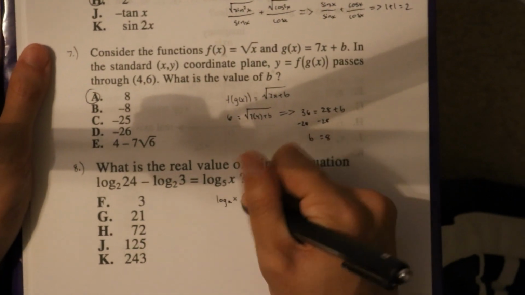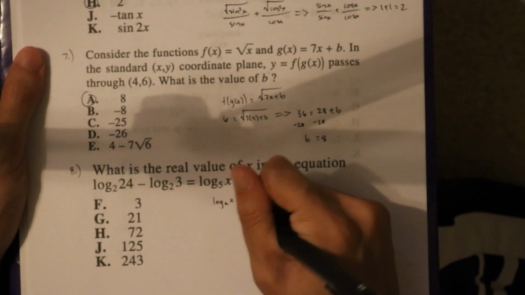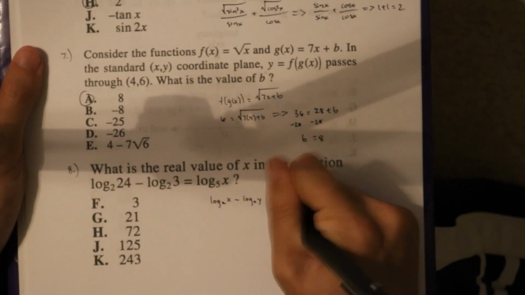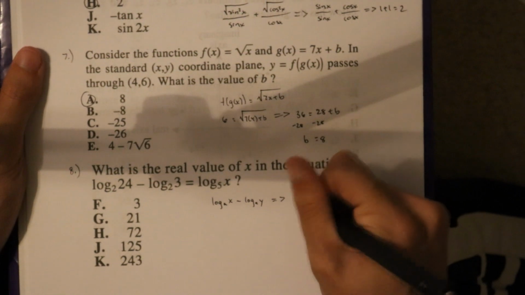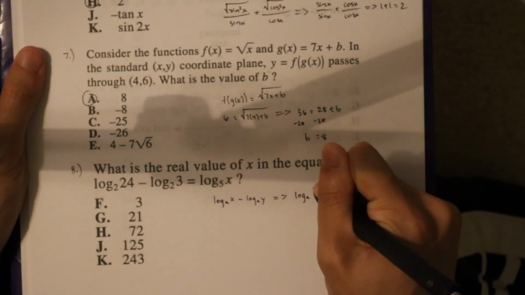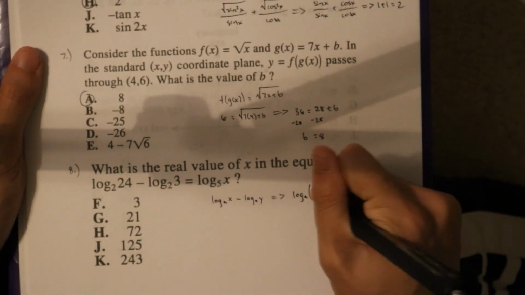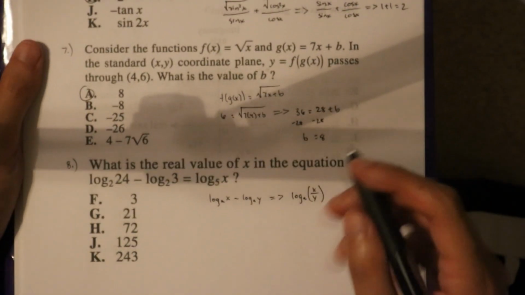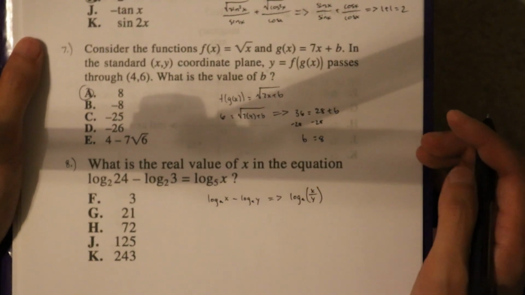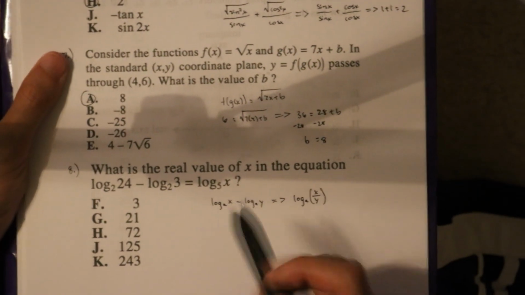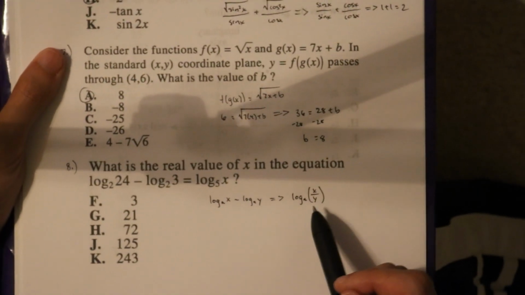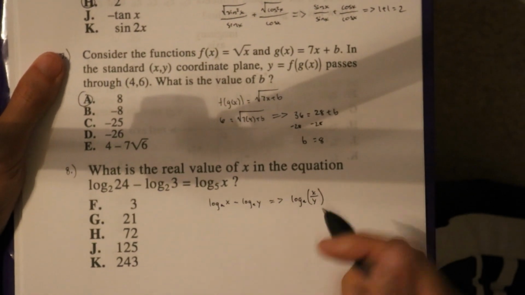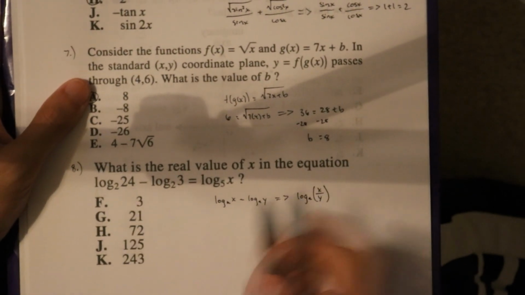I'm defining a rule for a log: log base a of x minus log base a of y is equivalent to log base a of x divided by y. If you want to verify your log rules, feel free to check them out. In order to solve this, you need to understand this rule as part of your log terms. So now that that's out of the way, we can rewrite this.